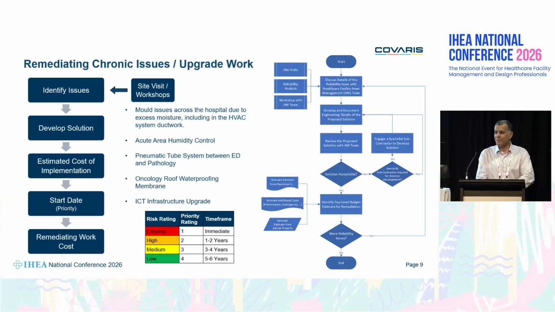Then the very important one is the chronic issues that we have. And that one needs a bit of effort to identify. When you do asset condition assessment, you walk through, you might come across, okay, this handrail is not compliant. Or there is an issue here, and you record it.